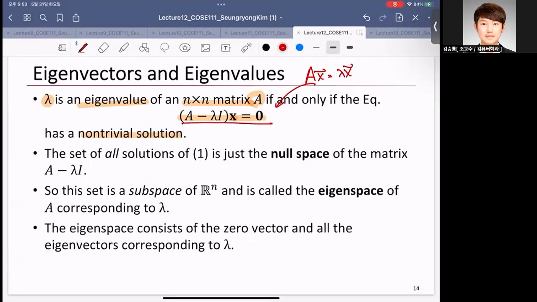So if this has a non-trivial solution, I mean x is not equal to 0, then there exist eigenvectors and eigenvalues lambda.